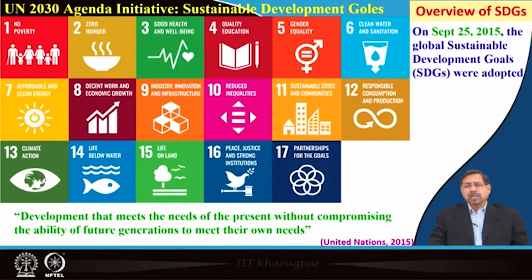The world bodies, the citizens, the NGOs, every sector of citizens living on earth's surface discussed and came to the conclusion that the first and one of the important sustainable development goals is no poverty. Poverty has to be removed from the world at any cost.